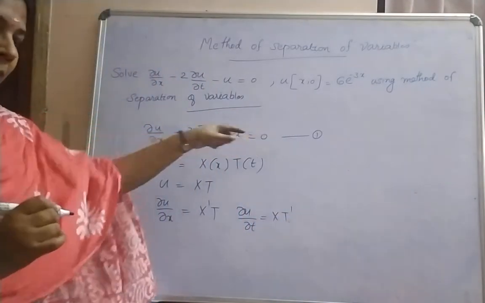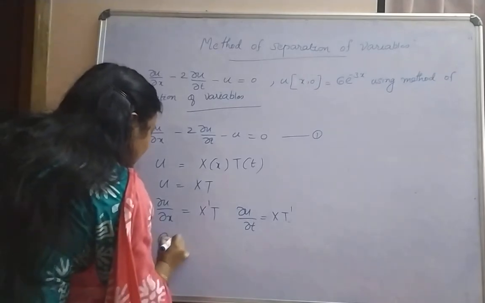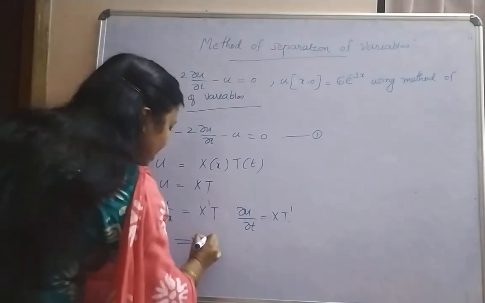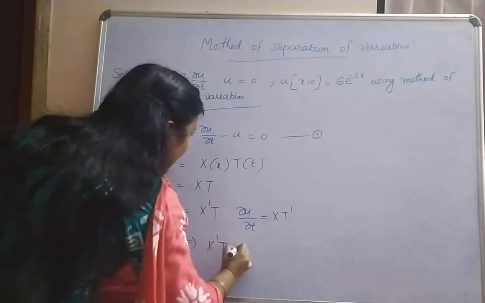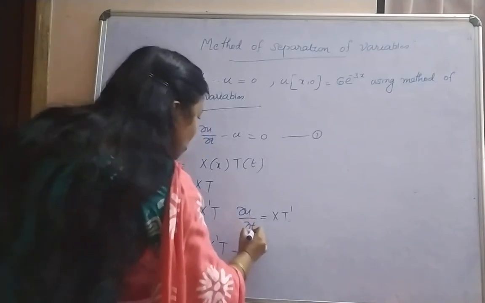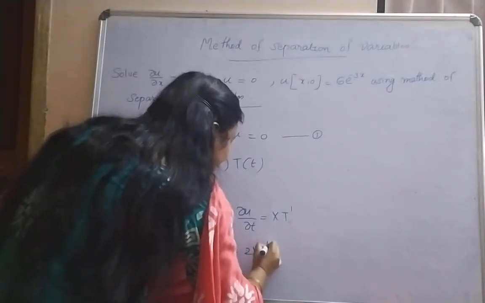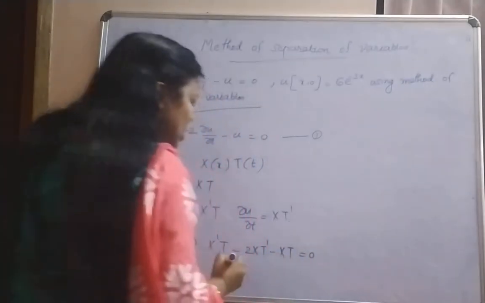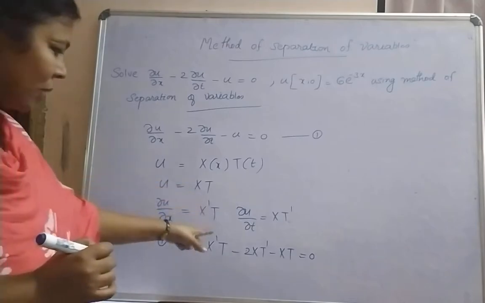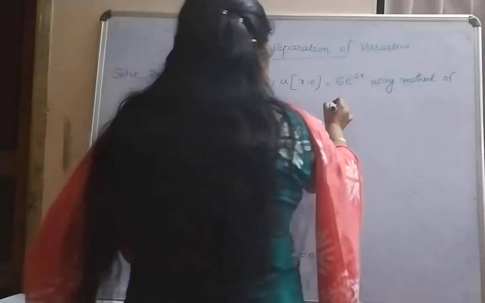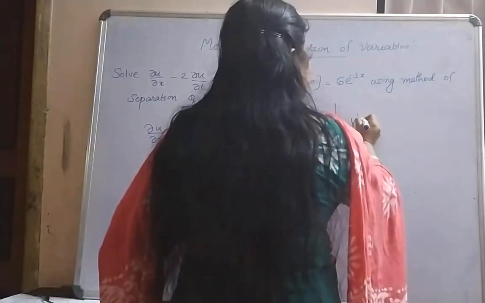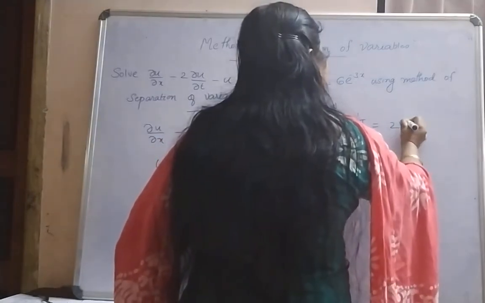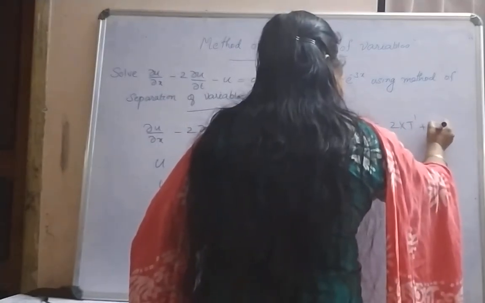Now, equation 1 becomes X'T minus 2XT' minus XT equal to 0. Now we have to write this equation as X'T equal to 2XT' plus XT.